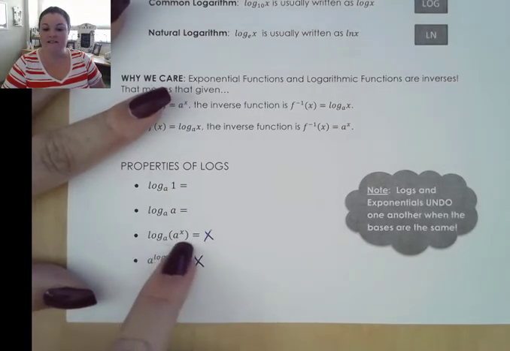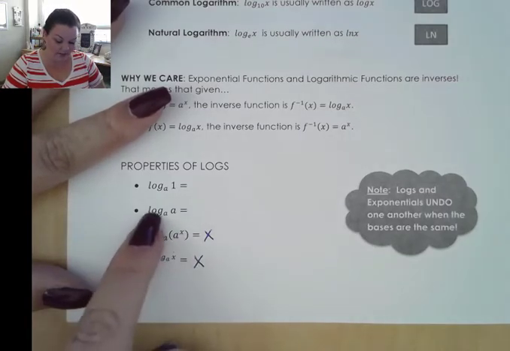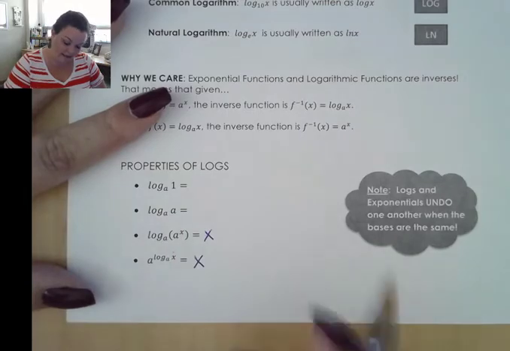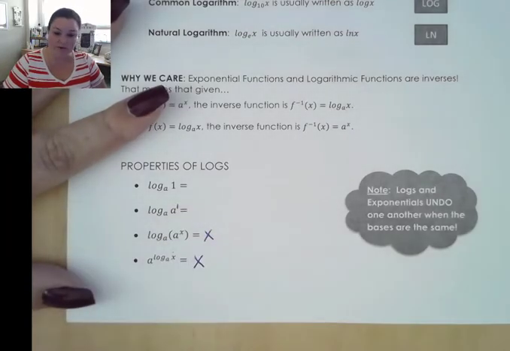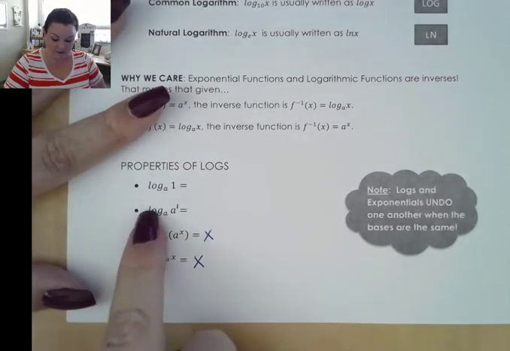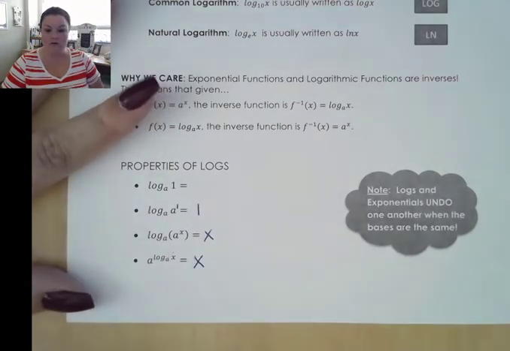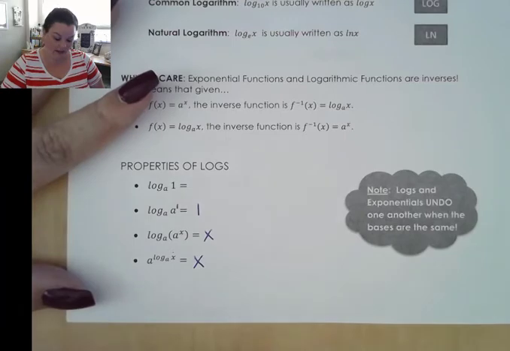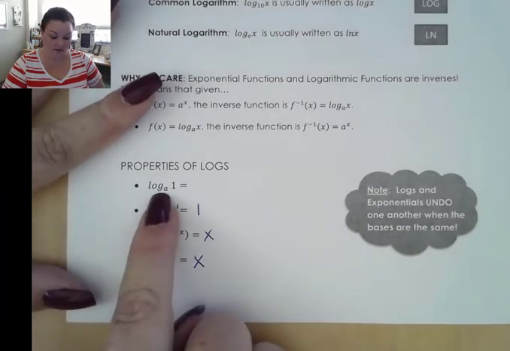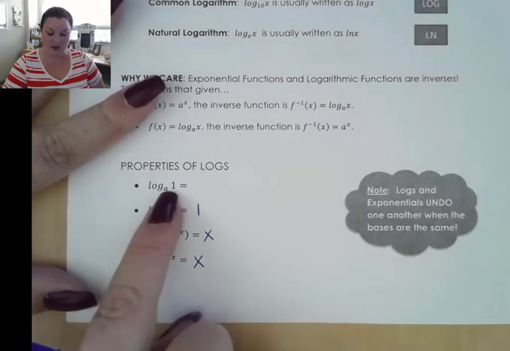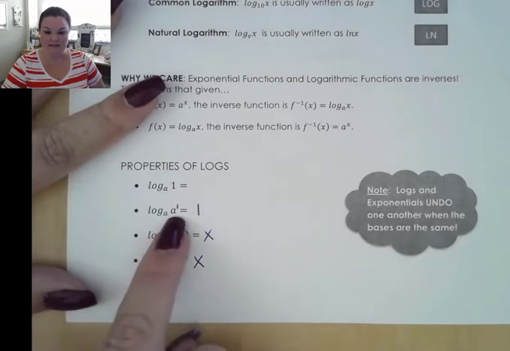So I'm just left with whatever was in the exponent there because these cancel. I can extend this rule to any power of a. Notice here I have log base a of a, and its exponent would be just an a to the first power. So anytime I have log base a of a, those would cancel, and this would just equal 1, right? And then I would want to do the same thing here. I'd really like to be able to cancel this log base a, but the only way I can do that is if I have a to some power on the inside.